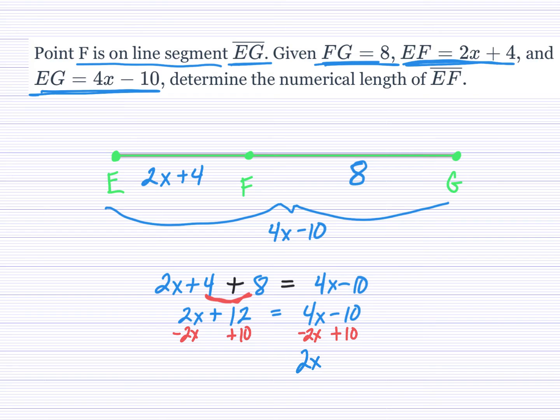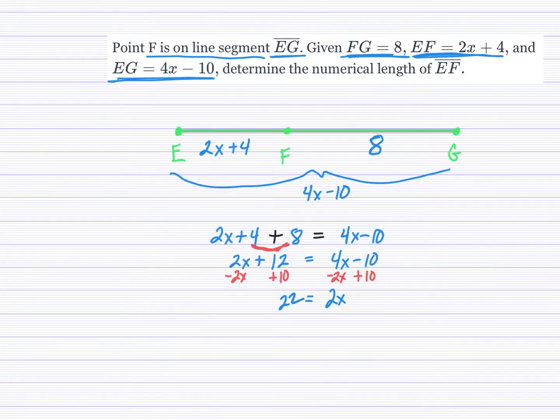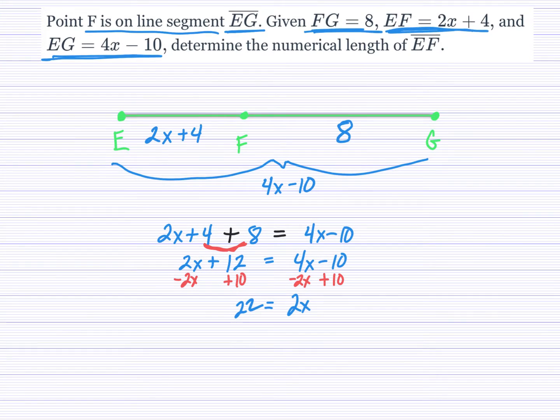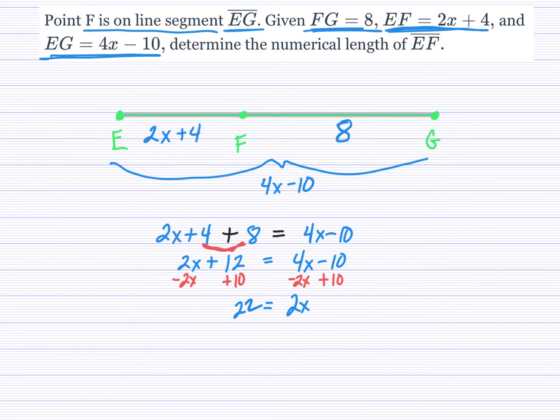We don't have this, but we do need to keep in consideration the fact that just because we're solving for x here, we actually can have negative numbers. This is nothing we're going to see on this particular one, but just keep that in mind. If we were looking for the length of the segment, which in this case we are, that would have to be a positive number. So we have 2x equal to 22, so we're going to divide both sides by 2, and what we learn is the x value is equal to 11.